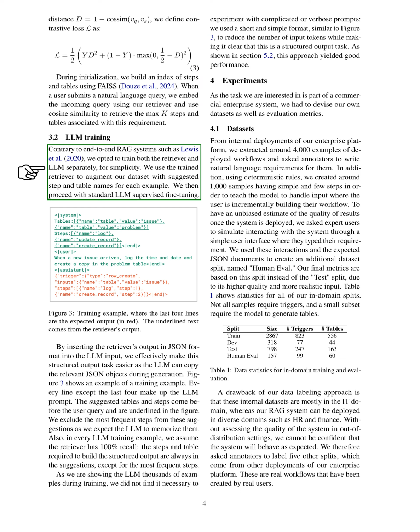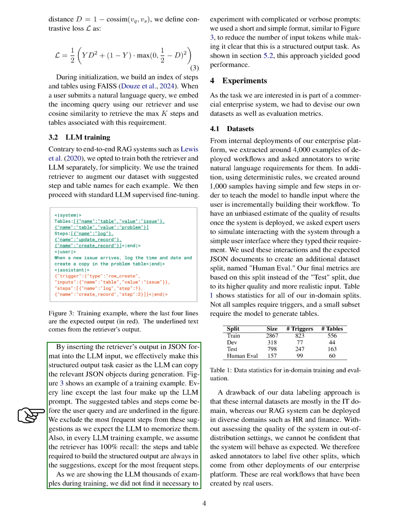For LLM training, we choose to train the retriever and LLM separately for simplicity. We augment our dataset with suggested step and table names from the retriever and then proceed with standard LLM supervised fine-tuning. By incorporating the retriever's output in JSON format into the LLM input, we simplify the structured output task for the LLM.